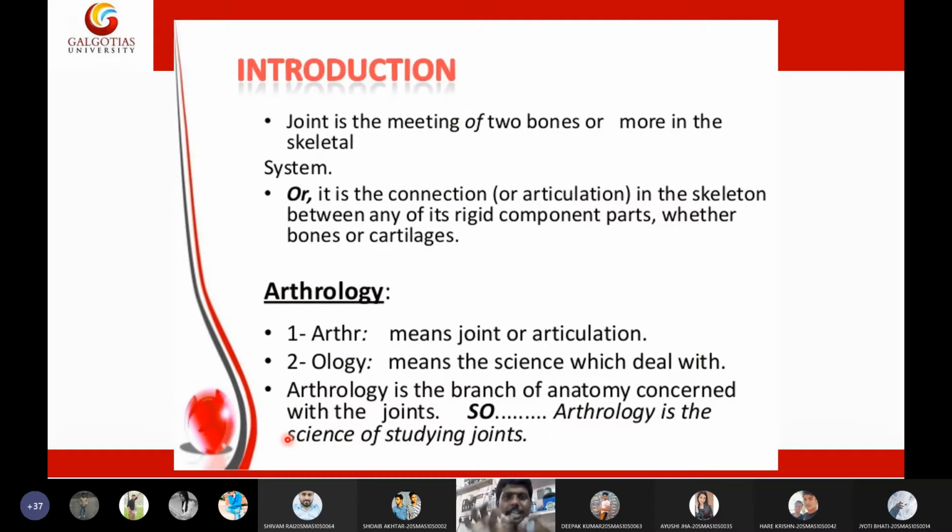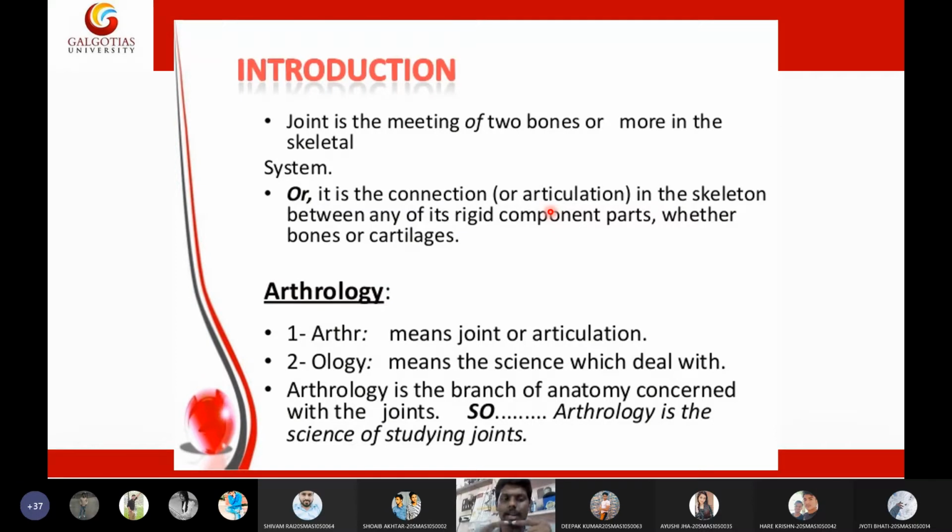A joint is an articular structure where any two parts are connected. Articulation is a place where any two things connect.